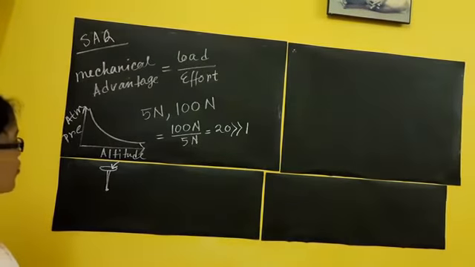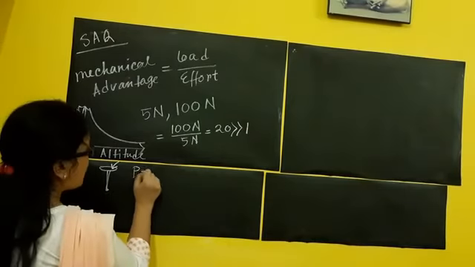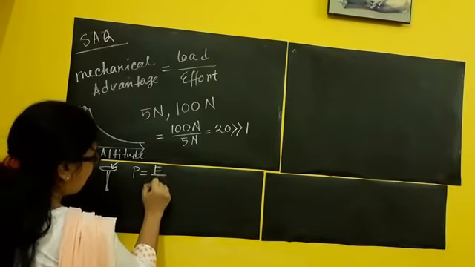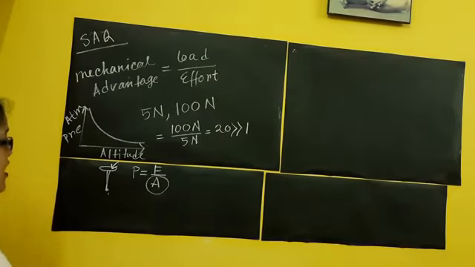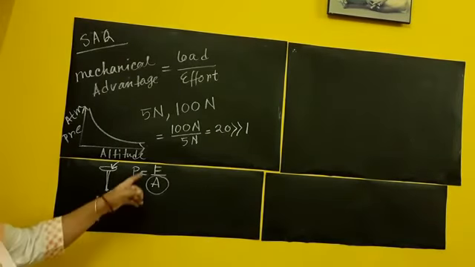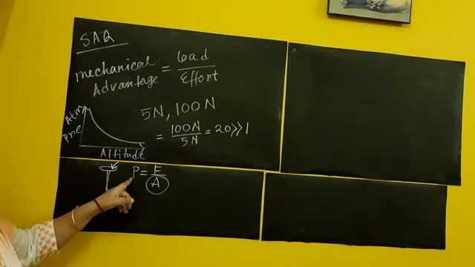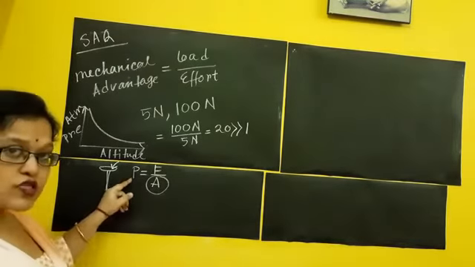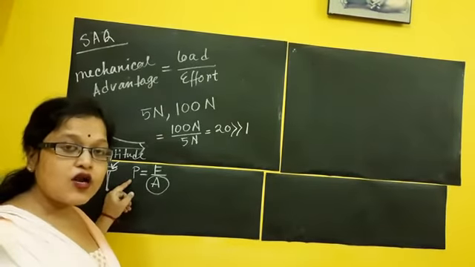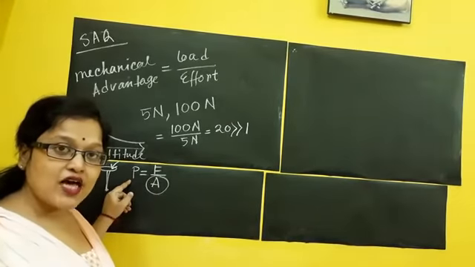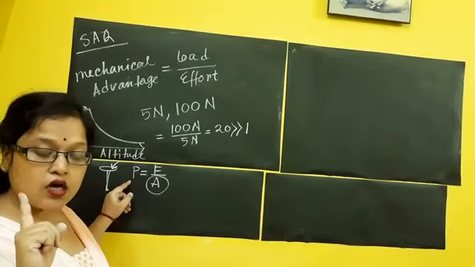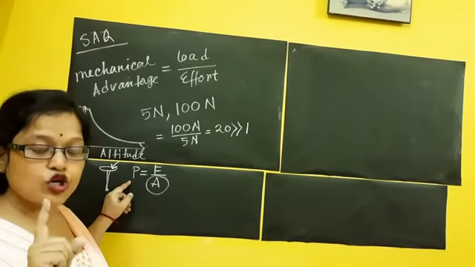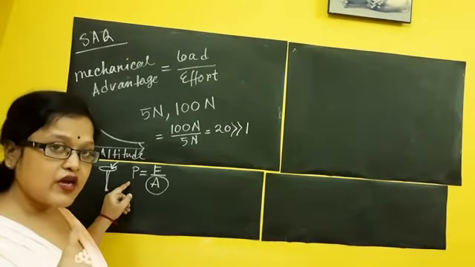We know pressure equals force by area. If I decrease the area, then with the same force, pressure will increase. Pressure increased means that with less effort, the pin can go through the surface. That's why the lower portion of the pin is always made sharp.